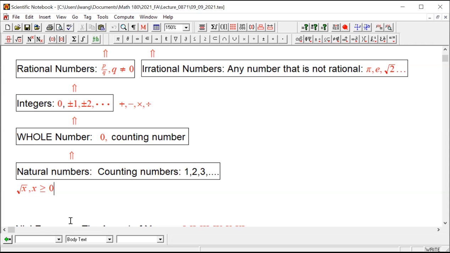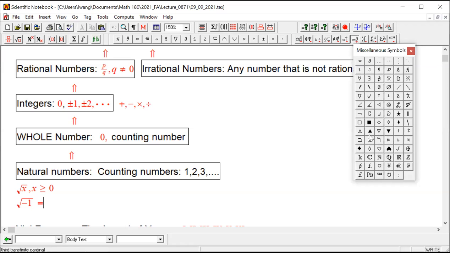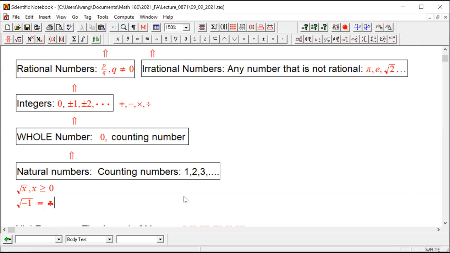Now the question is, why is it undefined? Why is the square root of -1 undefined? Because suppose there's something here, I'm going to put a symbol here.